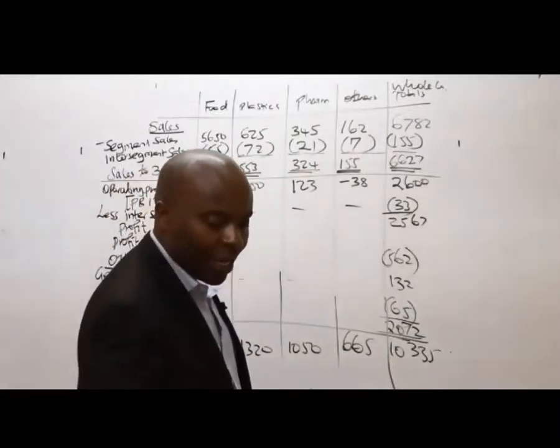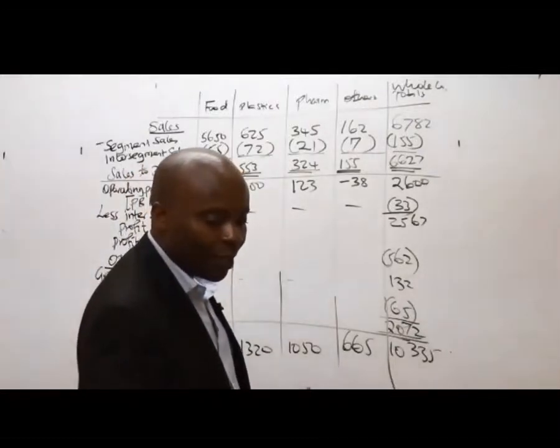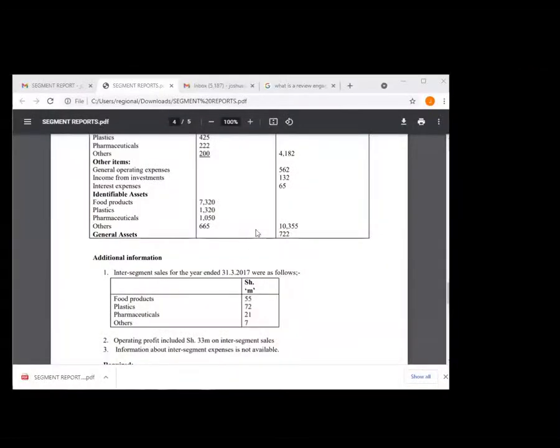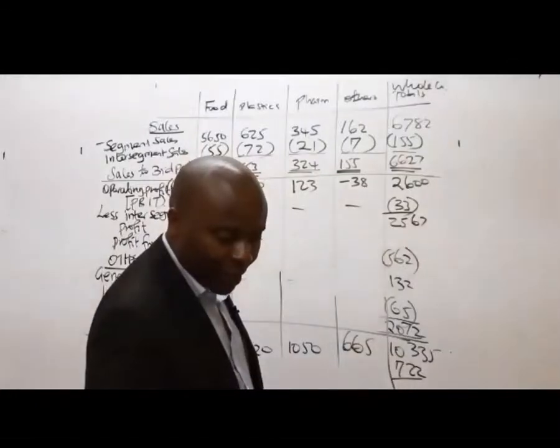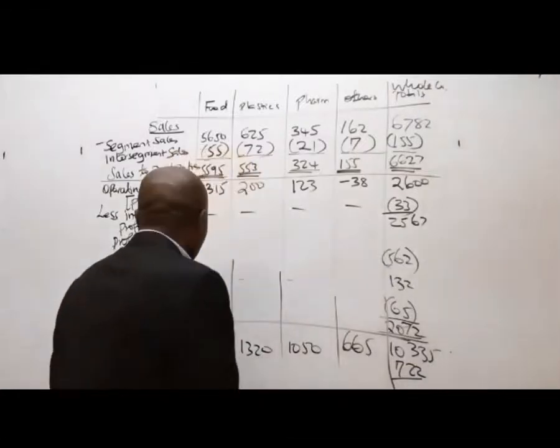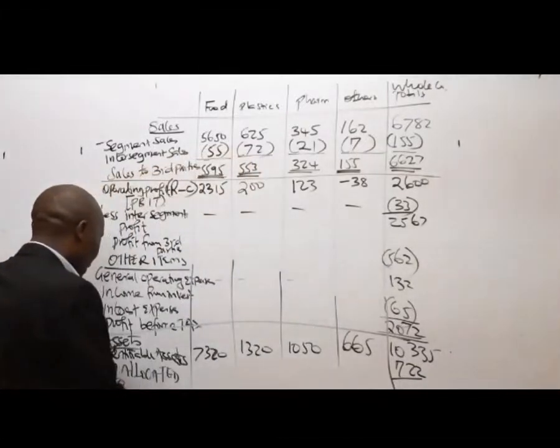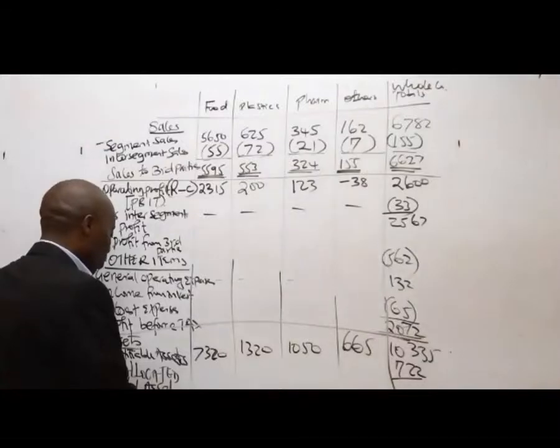And then give me the unallocated assets. Unallocated assets which fall under the head office, the general assets here, are 722. So please come and add everything there for you to be able to give us the total assets.